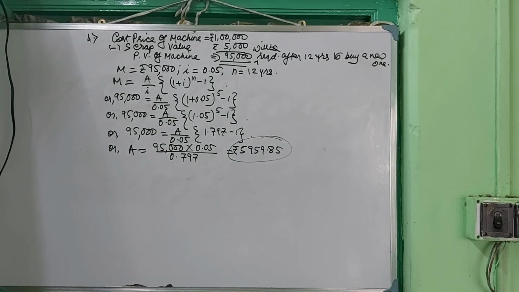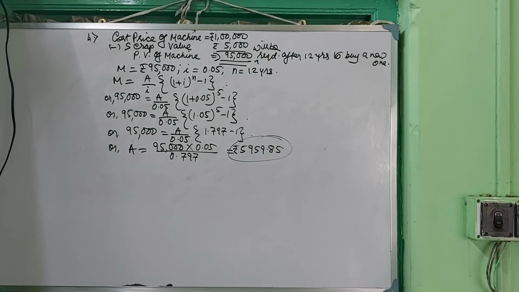It says that if the award starts 2 years after, and the money earns a rate of interest of 3.5%, then you have to find out the value of each installment.